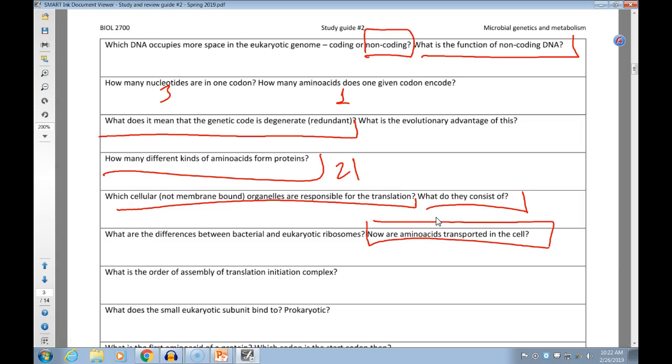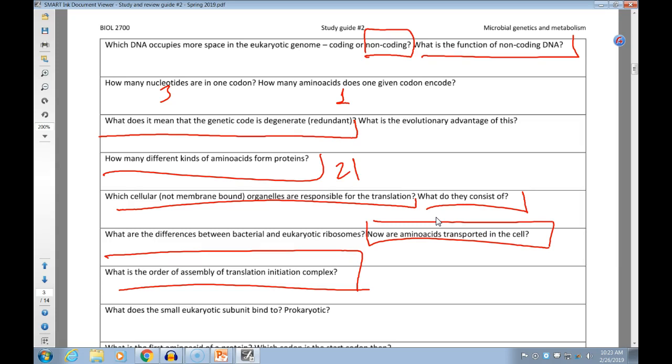Okay. Now, the order of assembly of the translation initiation complex. First, you have the small subunit that binds to the Shine-Dalgarno sequence, if it's a bacterium, or the 5' cap structure, if it's a eukaryote.